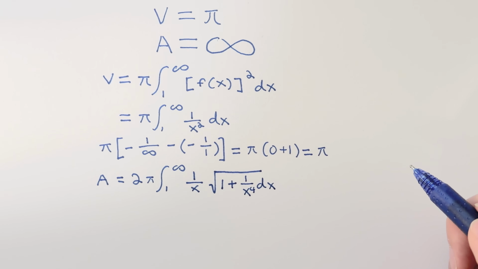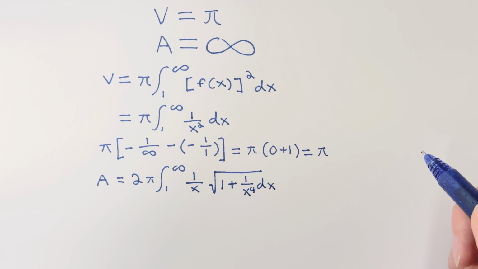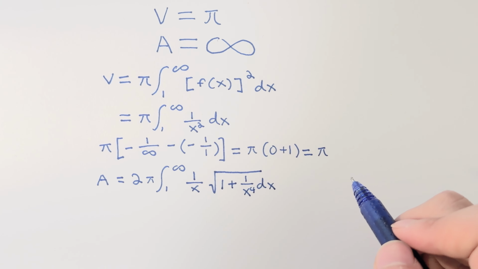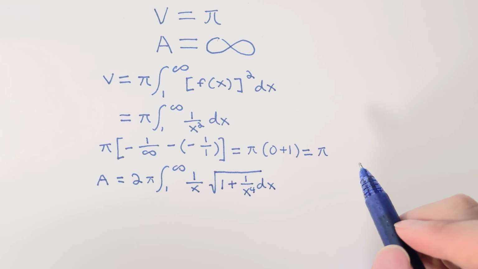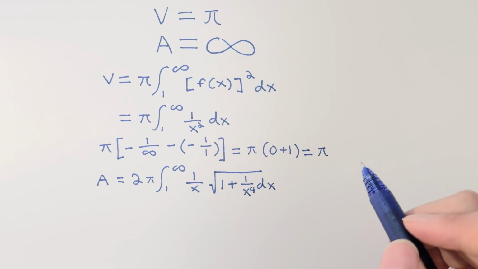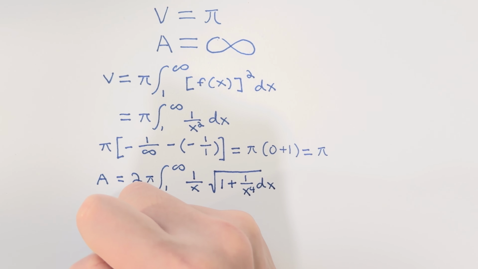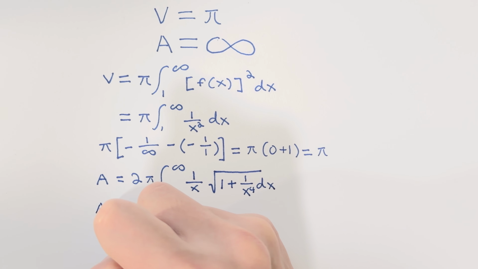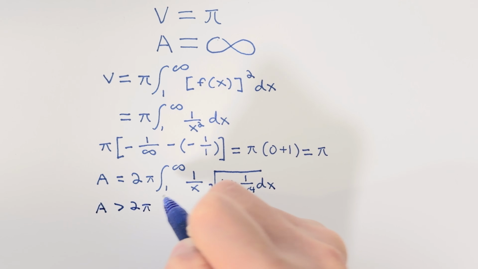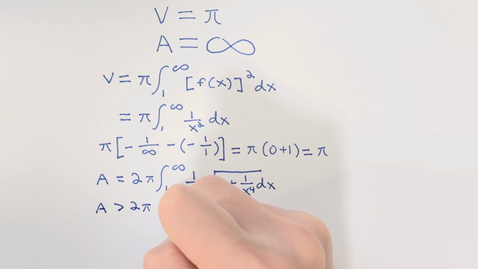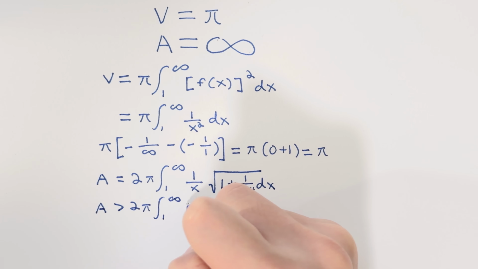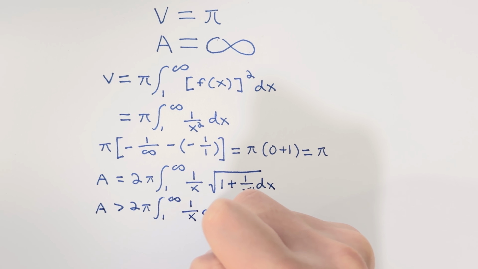I mean, this looks terrifying to solve, but we don't need to solve it. We just need to compare it. Notice that the square root part is always greater than 1. That would mean that this area here is greater than 2 pi times the integral from 1 to infinity of 1 over x dx.